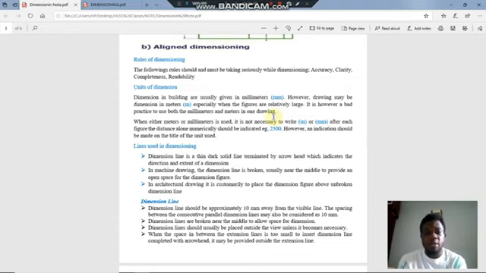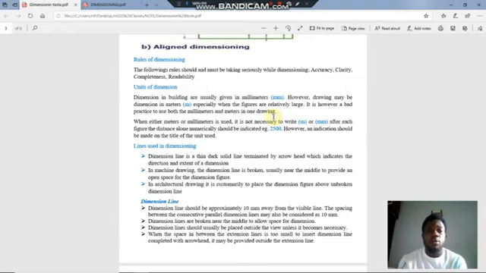It is a bad practice to use both millimeter and meter in one drawing. We don't combine different units of dimension. If it's millimeter, ensure it is millimeter throughout. If it's meters, ensure it is meter throughout.